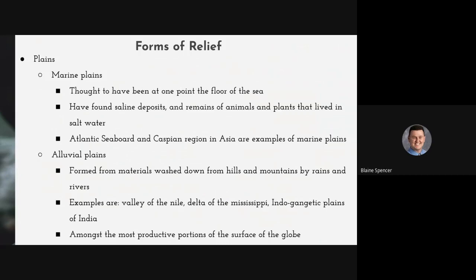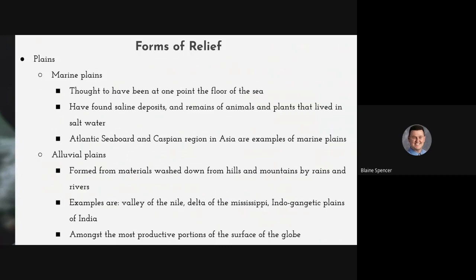Marine plains were studied and thought to have been, at one point, the floor of the sea. Because they were once the floor of the sea, we see that there are going to be large amounts of saline deposits. These saline pockets provide resources and remains for us to study.